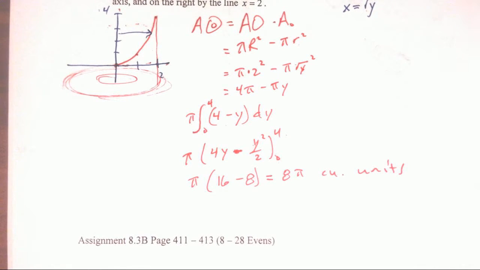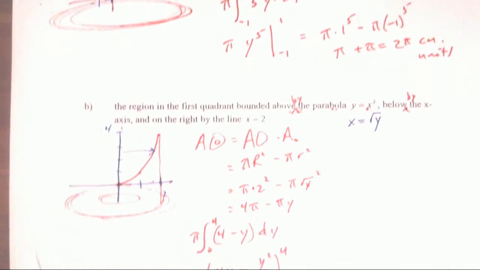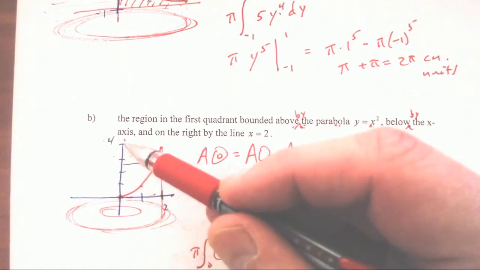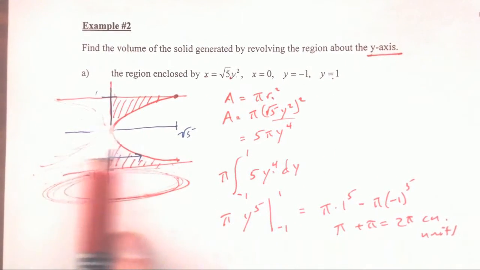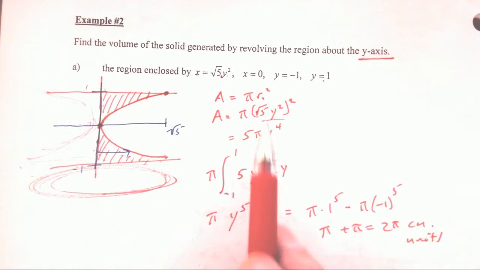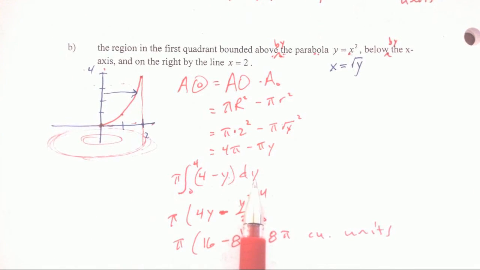So things to keep in mind. Rotating about the y-axis, our integral is going to run over the y distance of the graph, from 0 to 4 in this case, from -1 to 1 in the other. Integrating about the y-axis, we need terms of y and dy.